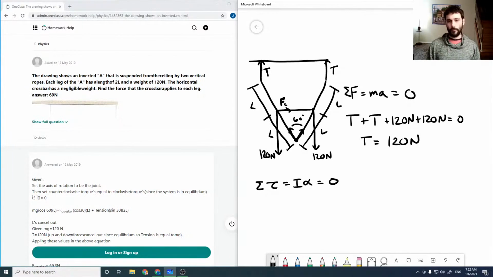So let's start off with our crossbar, and I'm just going to re-sketch it here. So we've got an R of L, and then we're applying our crossbar force.